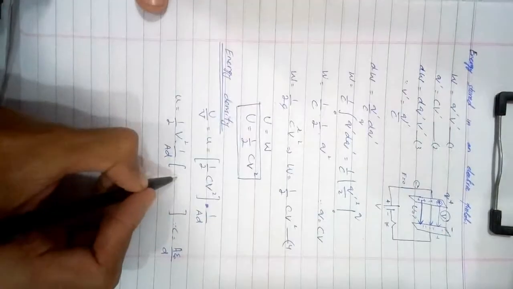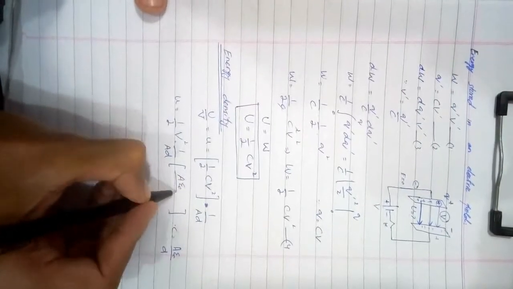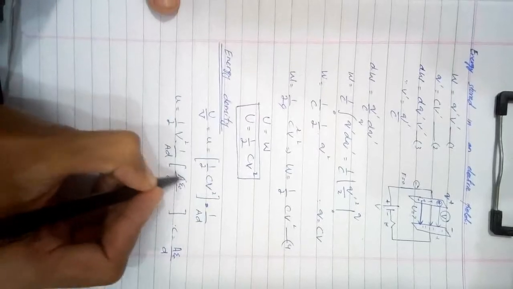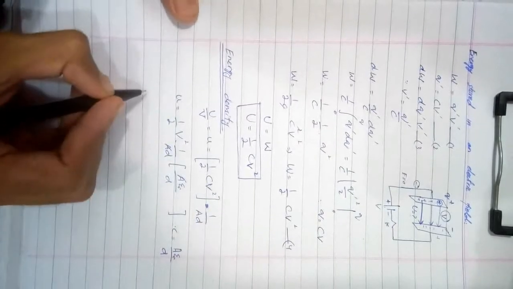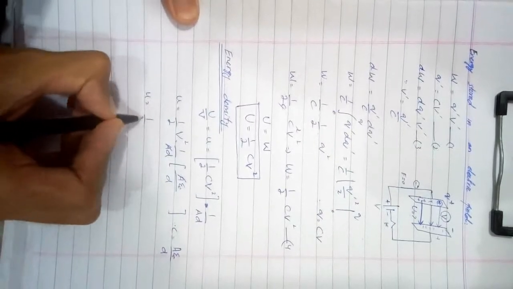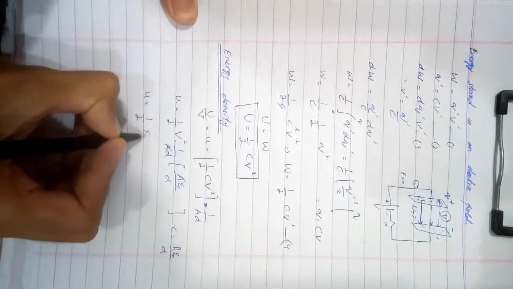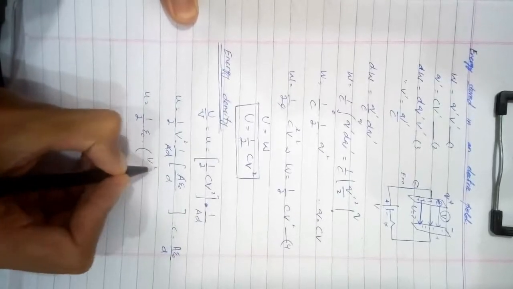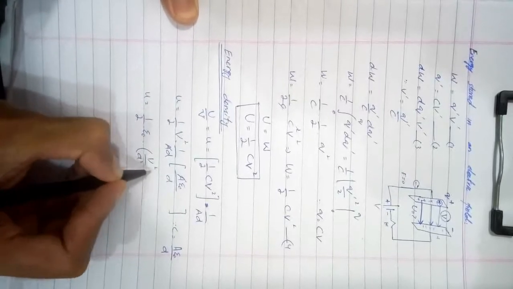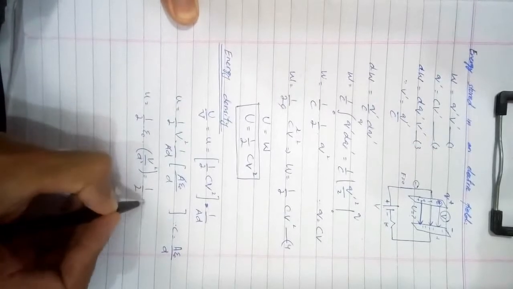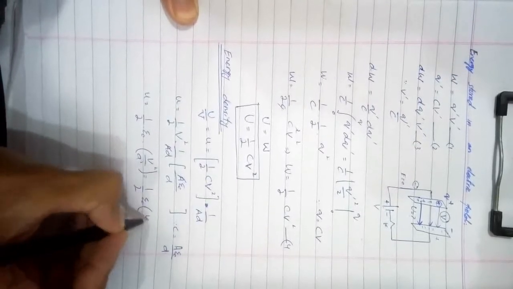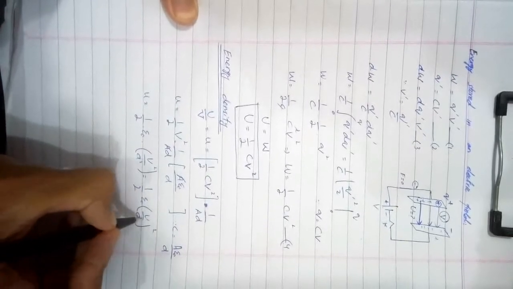By putting this value here, we have A epsilon naught divided by D. It will be cancelled, and we have u equals 1 over 2 into epsilon naught V square over D square, or 1 over 2 epsilon naught (V over D) square.